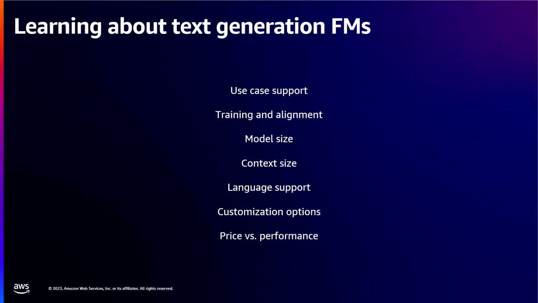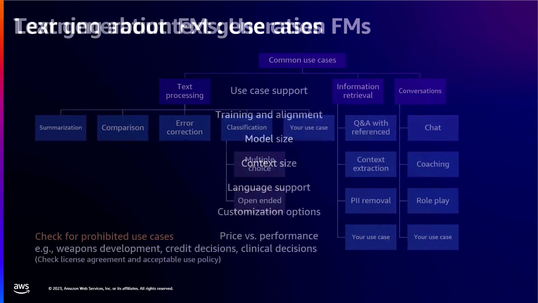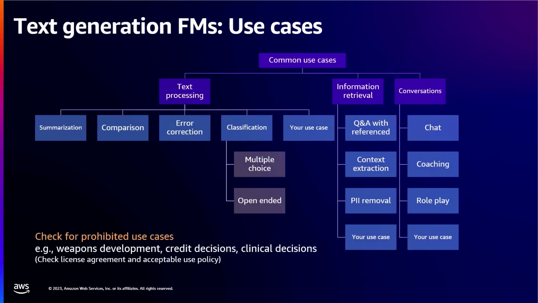Now, there are a bunch of factors that might be helpful to keep in mind as developers as you're trying to navigate this choice. I'm going to go through a few of them that come up very often in our conversations. First, developers are very keen to learn about what foundation models they can use for which use case. The good thing about foundation models is that they generalize to a broad range of tasks.